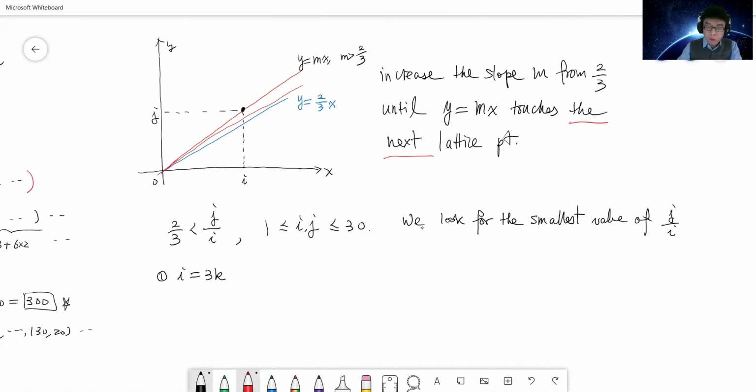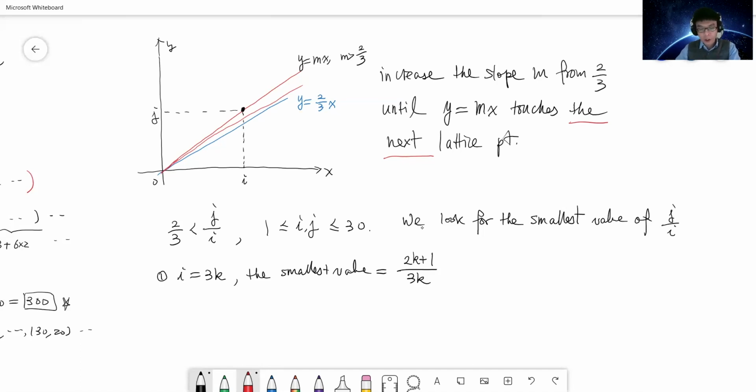If i is a multiple of 3, say i equals 3k, the smallest fraction larger than 2/3 has 3k in the denominator, and the numerator is larger than 2k because the ratio is larger than 2/3. But we want the smallest such number, so it's 2k plus 1.